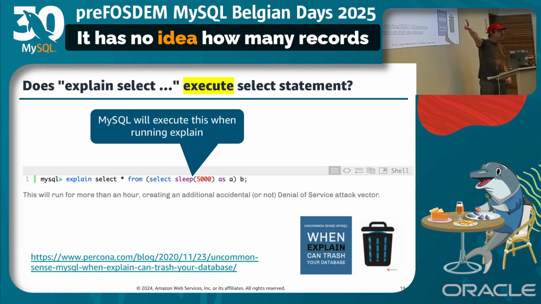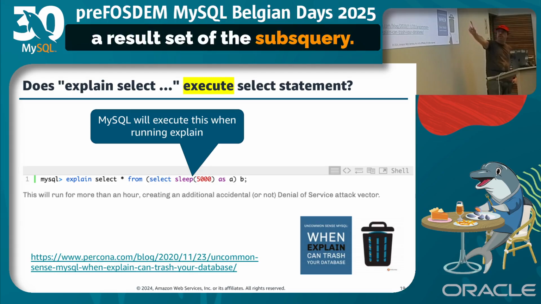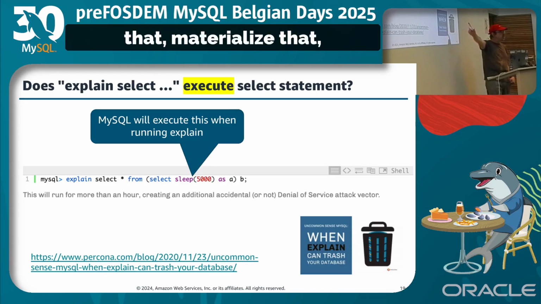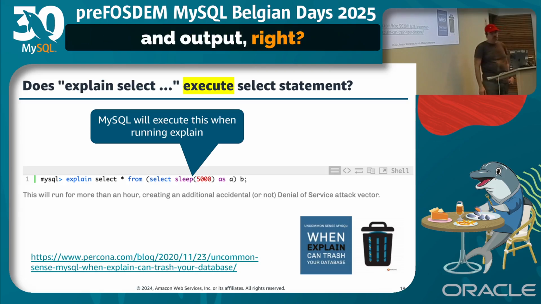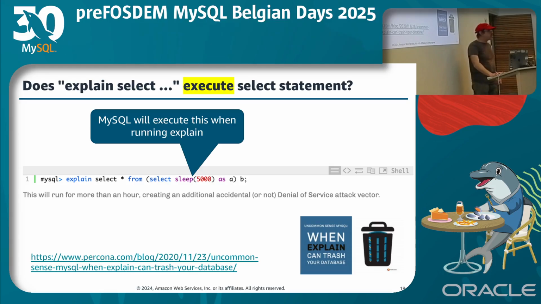It has no idea how many records there are in a table which is the result set of the subquery. So it will go ahead and execute that, materialize that, get a number of records, and output. Uncommon sense, it is how it is.